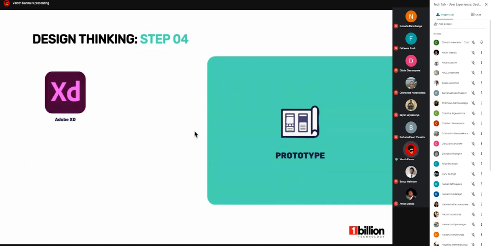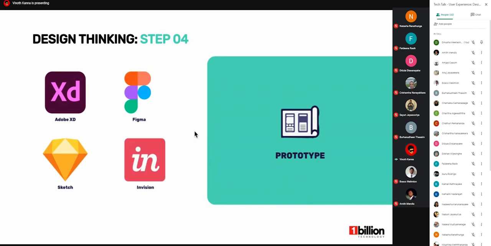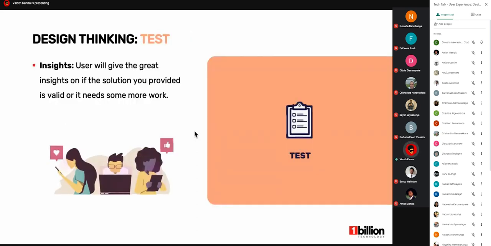How can we do this? We can do it in applications like Adobe XD, Figma, Sketch, and InVision. There are a lot of other applications as well, right? Here is the main part actually. We need to give the product to the user and get their feelings, how they react and how they use the application.